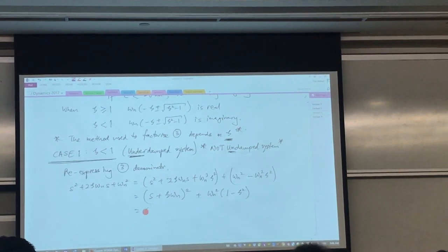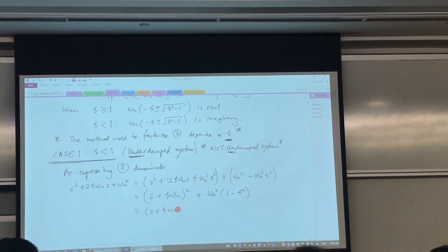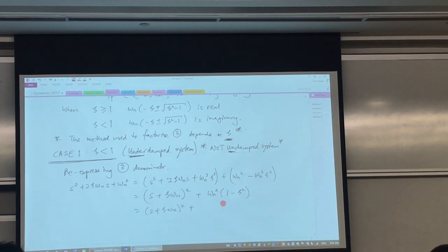So I'll keep this term, s plus zeta omega n squared. And this term over here, I'm going to take the square out of it. That means omega n square root 1 minus zeta squared. I'll take that square out of it.